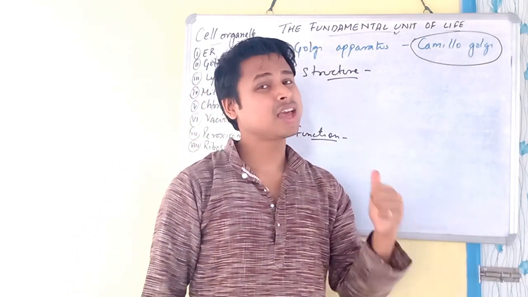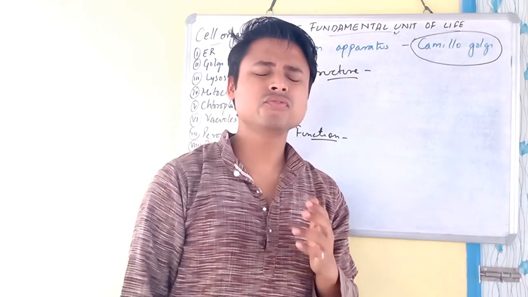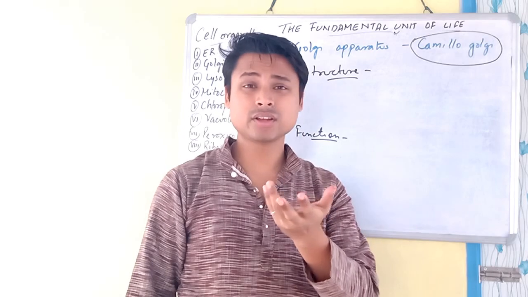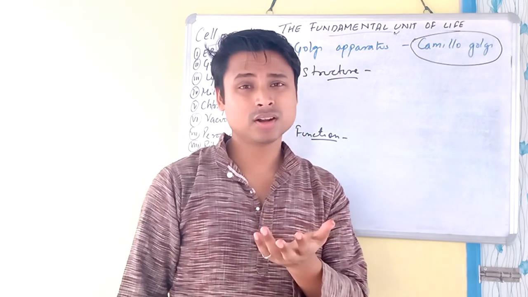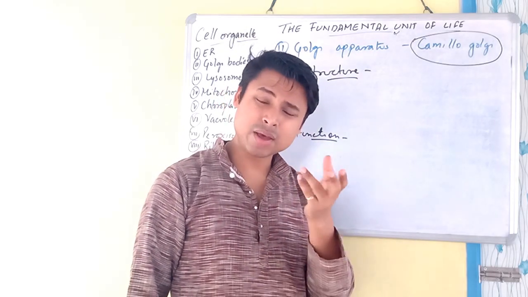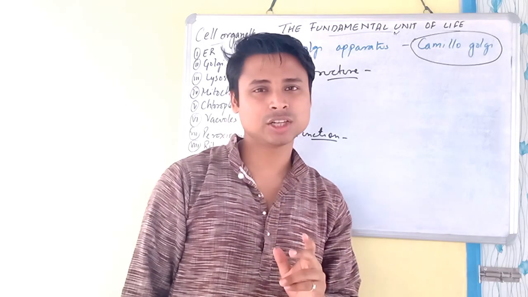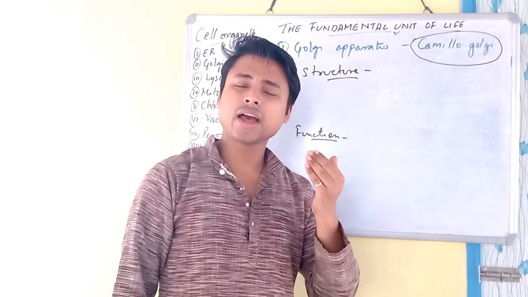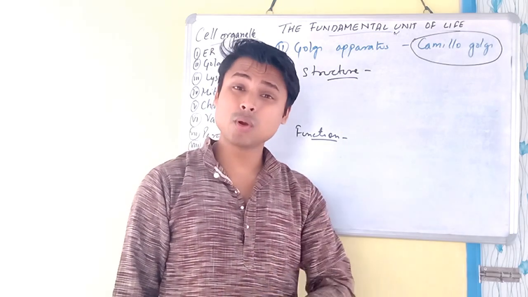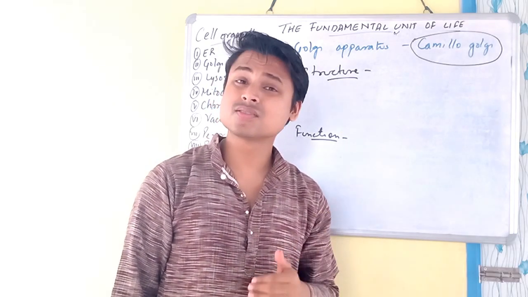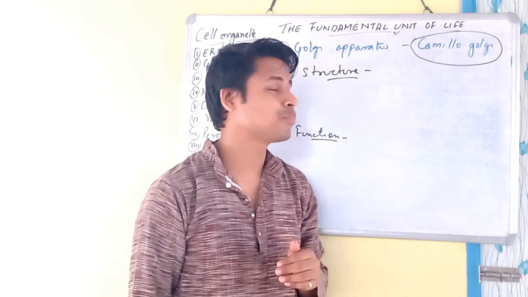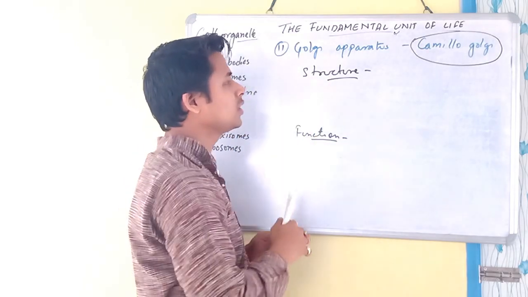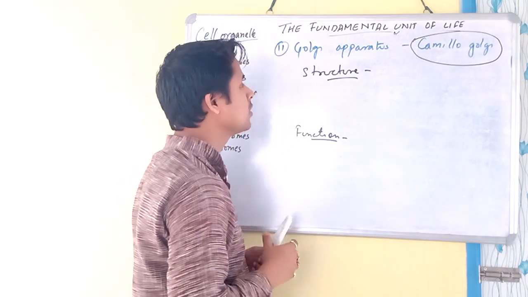Camillo Golgi is very famous for his work on the nervous system, and he developed a method, the black reaction. He even got a Nobel Prize for his study of the nervous system. Anyway, Camillo Golgi described this Golgi apparatus.